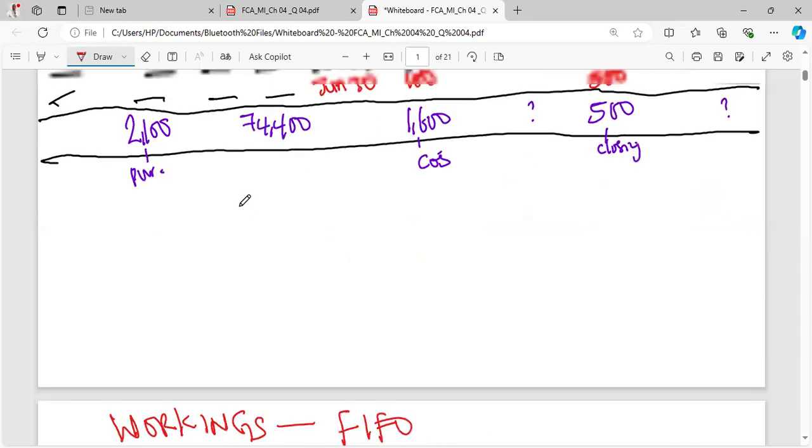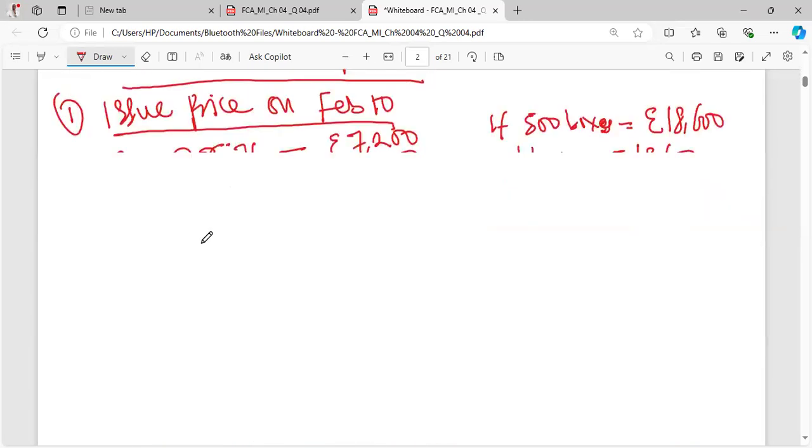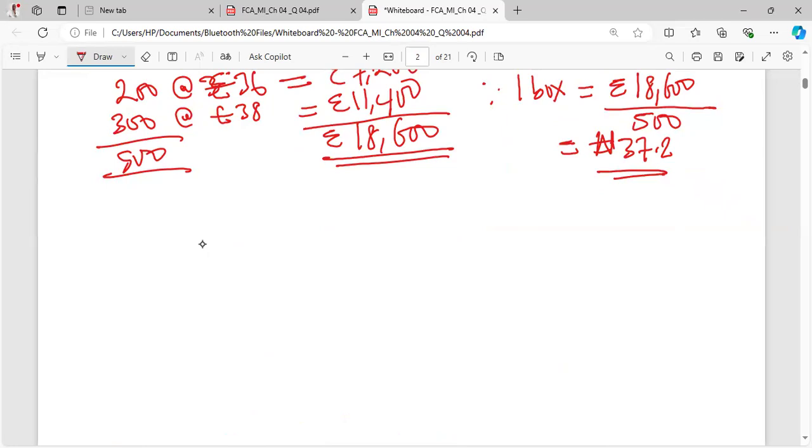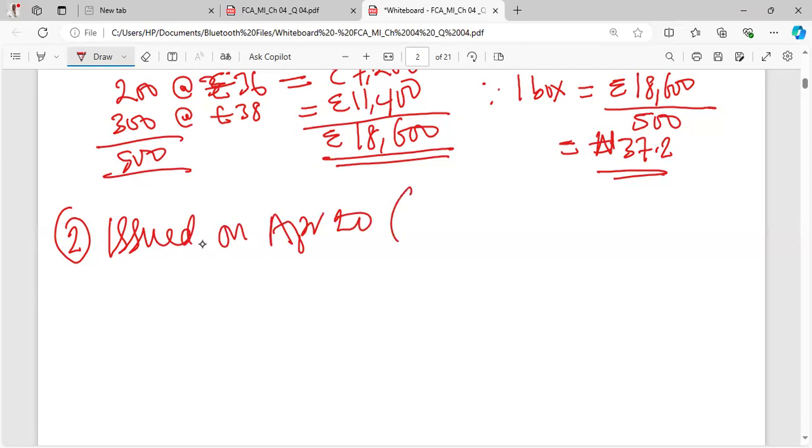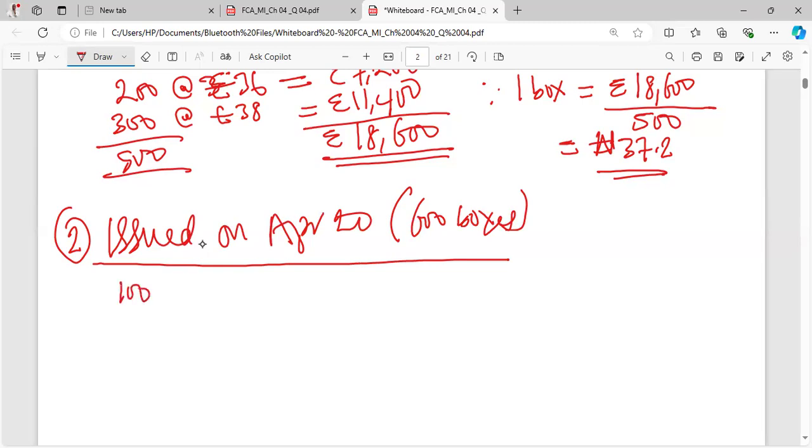So this 600 is issued on April 20. I'll say issued on April 20, 600 boxes. So we know we have 100 remaining at 38.